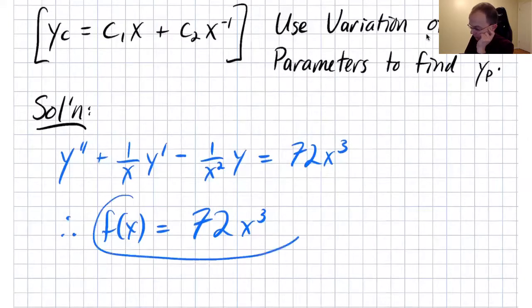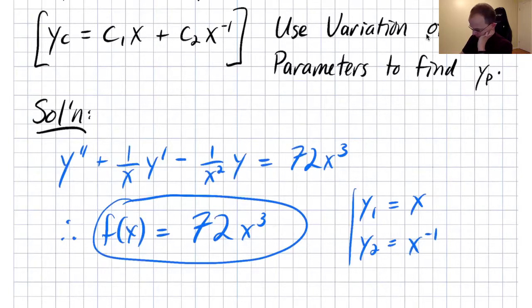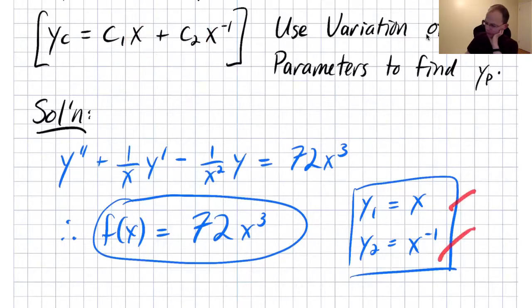So let's remember that. Now we have y1 and y2 given to us. So y1 is equal to x, y2 is x inverse. So that's where I got those from. Okay, so there we go. And let's see. So what do we do now?